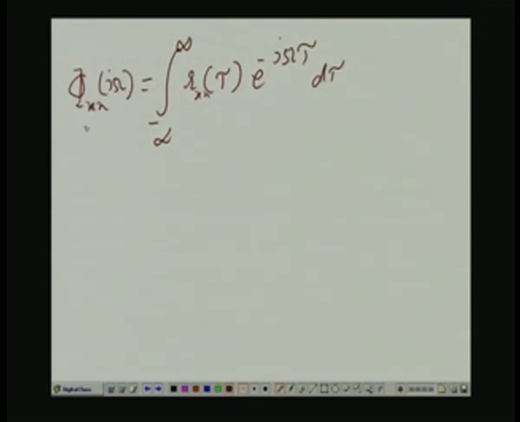Why it is called power spectrum, how it is related to power, all those things will come later. But obviously, if it is a Fourier transform, the other one is the inverse Fourier transform, which gives the power spectral density.